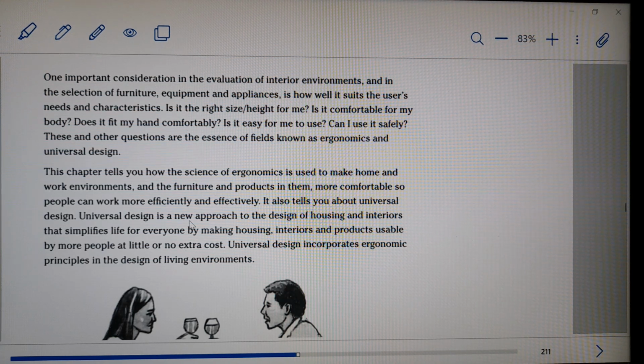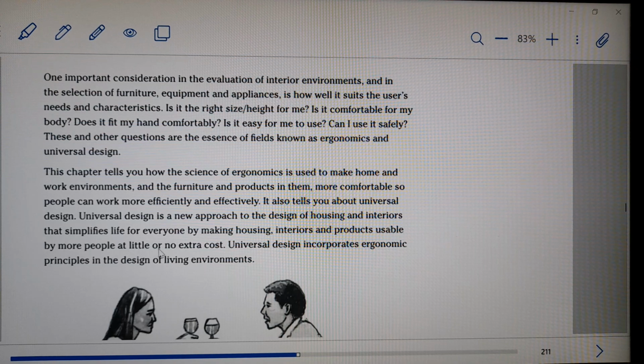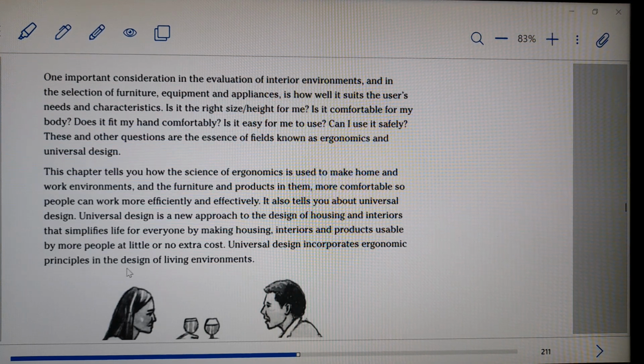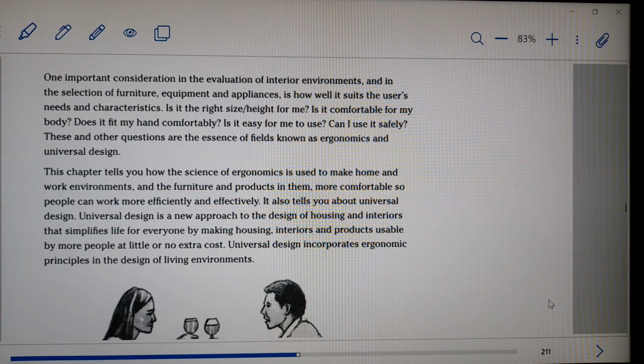Universal design is a new approach to the design of housing and interiors that simplifies life for everyone by making housing, interiors, and products usable by more people at little or no extra cost. Universal design incorporates ergonomic principles in the design of living environments.